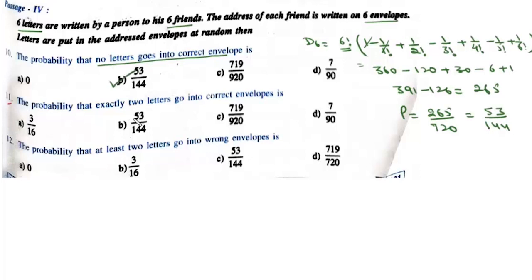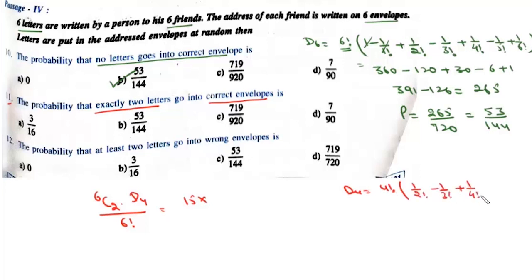Now the next one is the probability that exactly 2 letters go into correct envelopes. Now which 2? From these 6, we have to select these 2. So it will be 6C2 into derangement of 4 letters, D4, divided by the total, which is factorial 6. Now 6C2 is 15 and D4 is factorial 4 times (1 upon factorial 2 minus 1 upon factorial 3 plus 1 upon factorial 4).